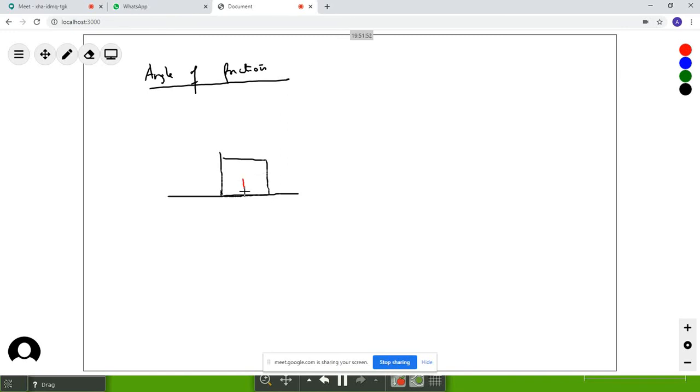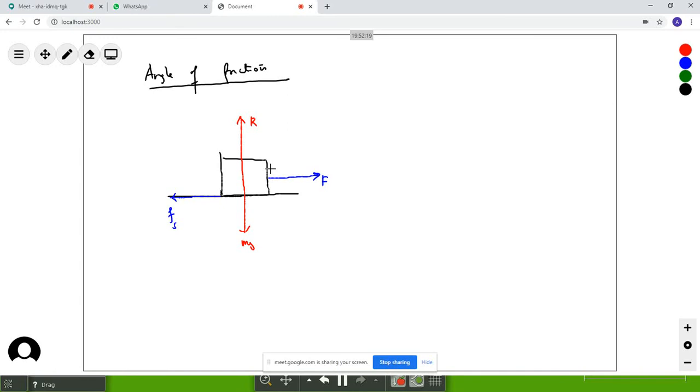The different forces acting will be, definitely the weight mg, and there is also the normal reaction R, and there is also static friction, and there is also applied force. Clear? Yes, sir.